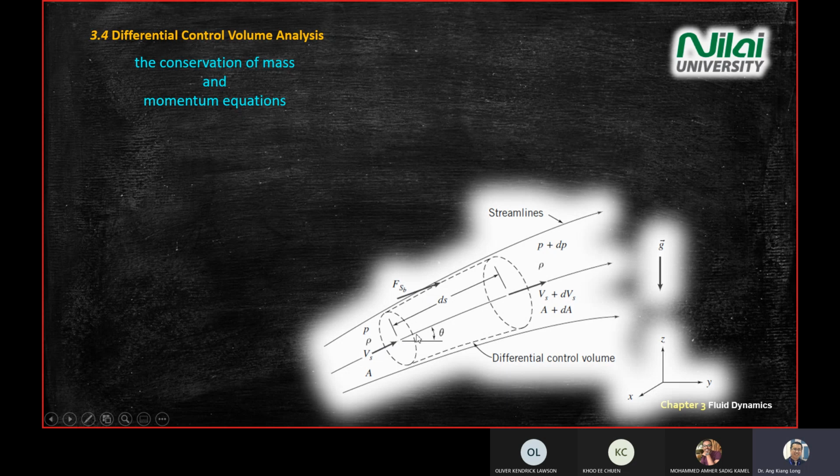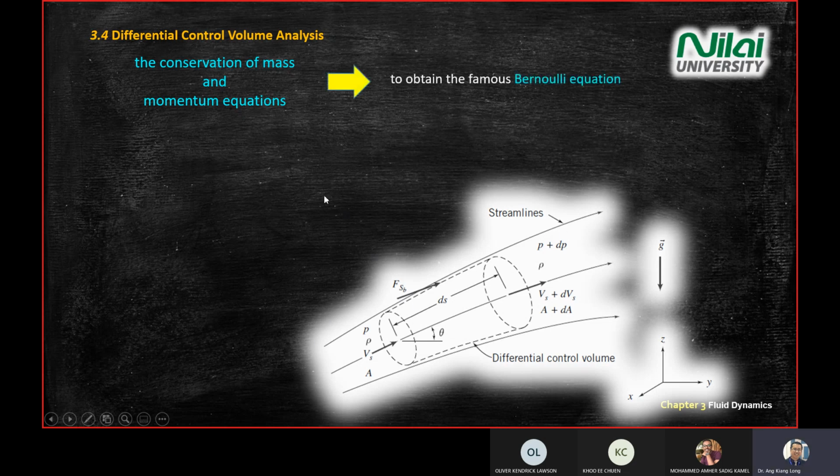So we measure from this location to the y-axis over here, right? So we have a theta over here. This is how we start, by understanding the diagram first. All the lines that you see here are streamlines. They show the direction of your fluid.